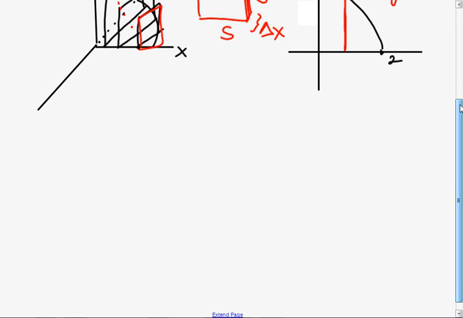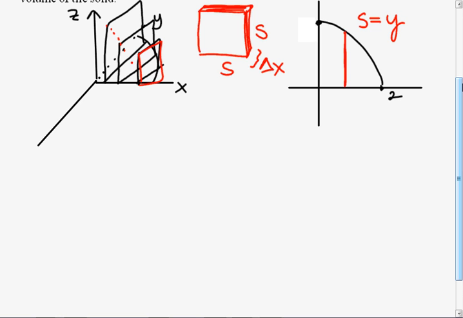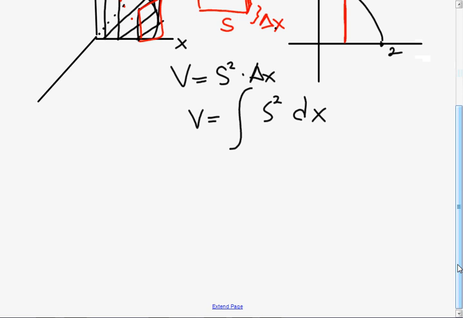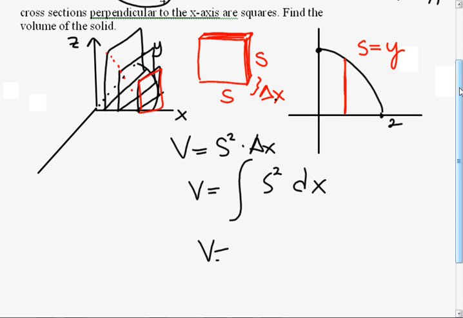Okay, Eric, how do I find the volume for one of those slices? Right there. S squared times delta x. So the volume is equal to the integral of s squared dx. What's s? Nick? S is equal to y.